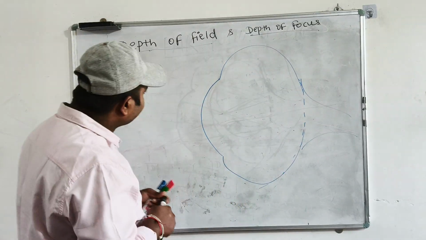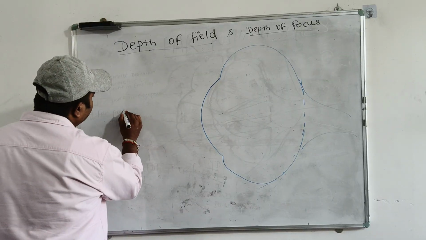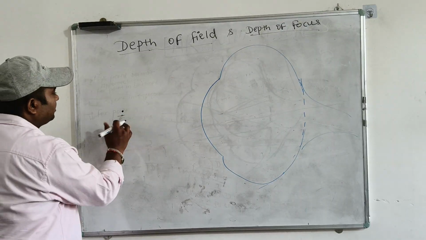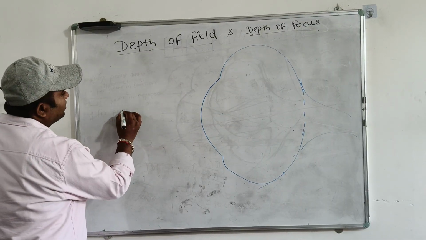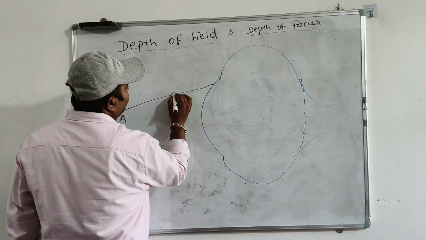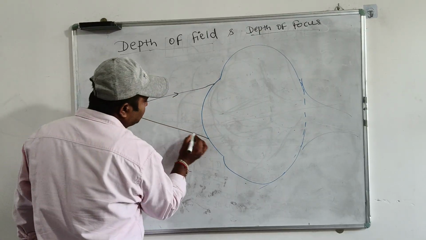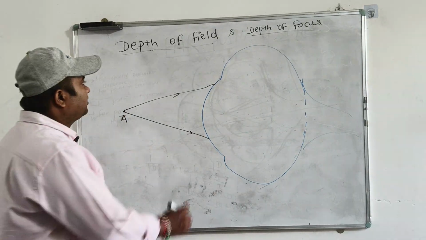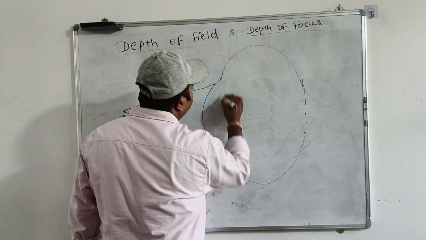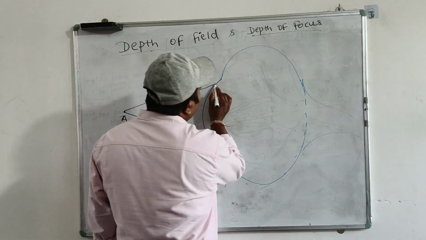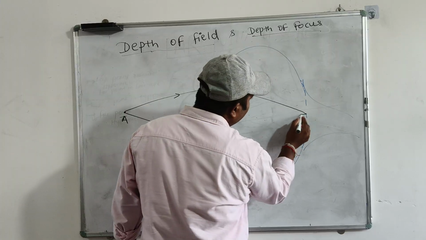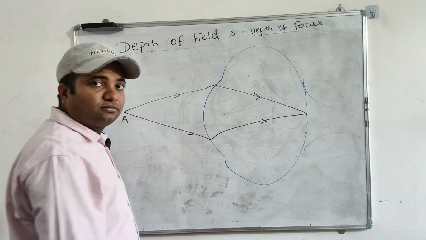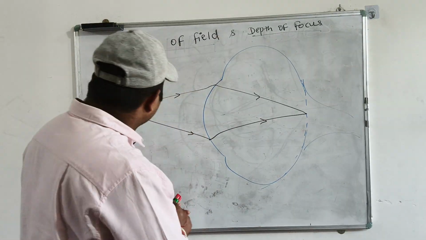Let's assume you are seeing this object A. If you are seeing it clearly, light from the object A will strike the cornea and pass through the eye. It should be focused onto the retina with the help of accommodation. Am I right?